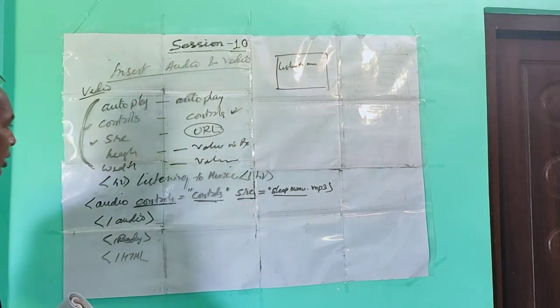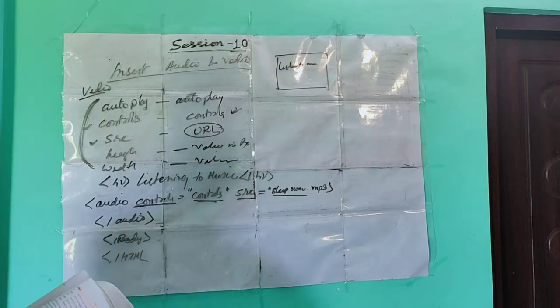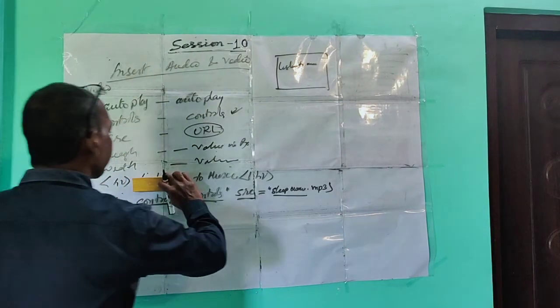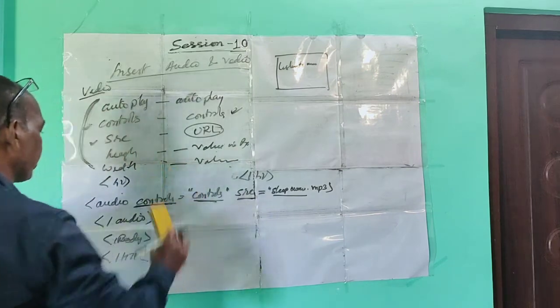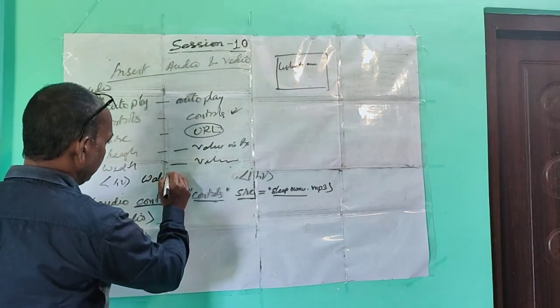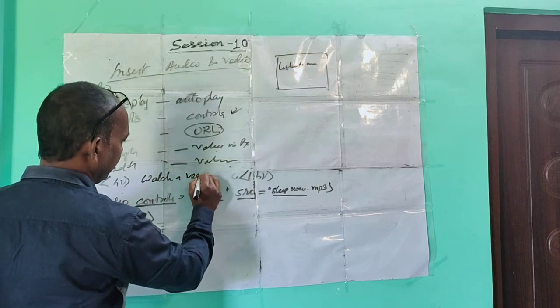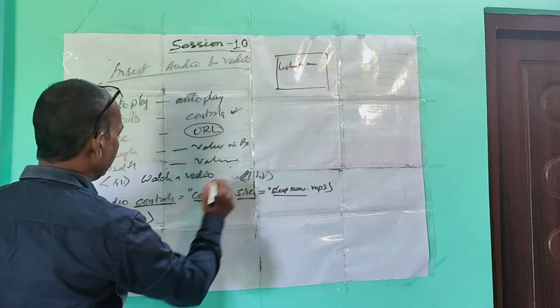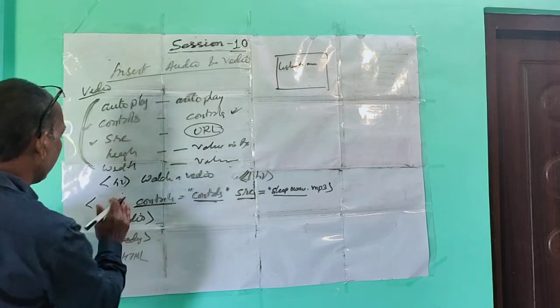So how can you use it? Let's see one example. Let's Watch a Video. Then in place of audio, write here video.